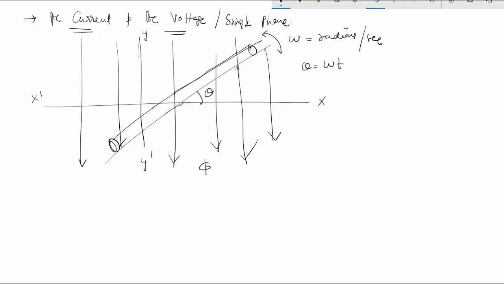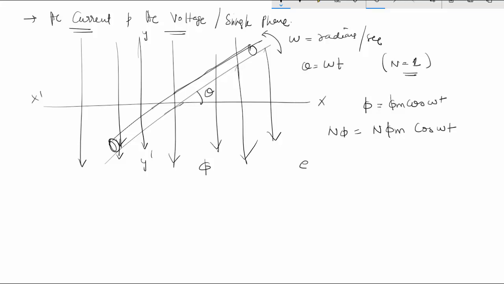So what is seen is that if the flux phi is produced by an alternating or time varying source such that flux phi is equal to phi m cos omega t, then the flux linkage n phi will be equal to n phi m cos omega t, where n is the number of turns of this coil, which is 1 in this specific case.